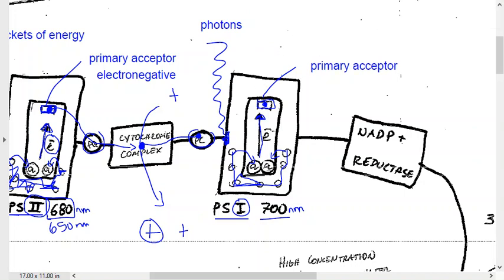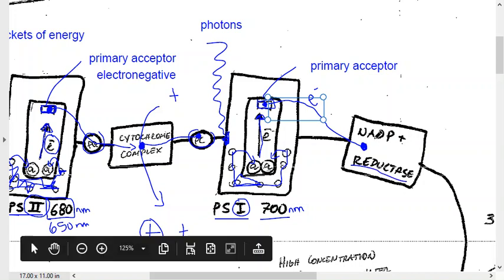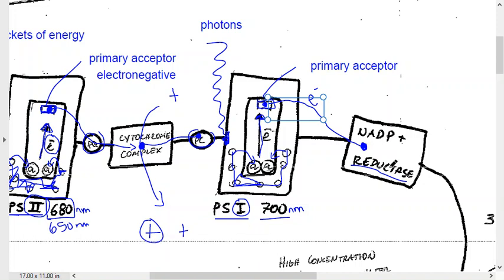And you guessed it, a game of hot potato proceeds. So the electron, again, this is the movement of the electron, so I'll label that. The electron gets passed down to NADP reductase. And I love the name of this enzyme because it tells you exactly what it's going to do.